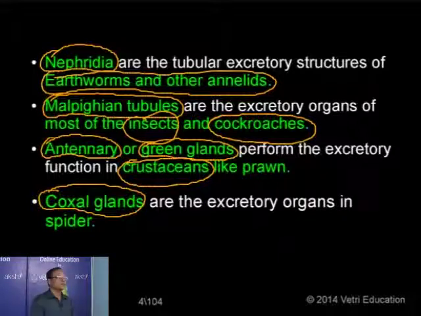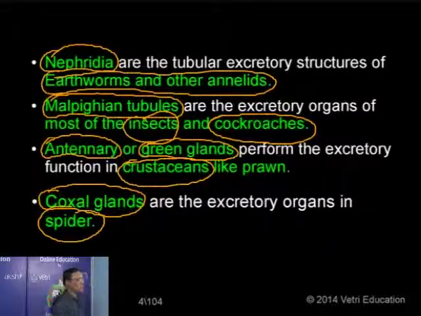The coxa is the basal segment by which the leg is attached to the body. As the gland for excretion is located in the coxal segment of the leg in spiders, the glands are called coxal glands. They are present at the coxa, the basal segment of the leg. So the coxal glands are the excretory organs in the case of spiders.